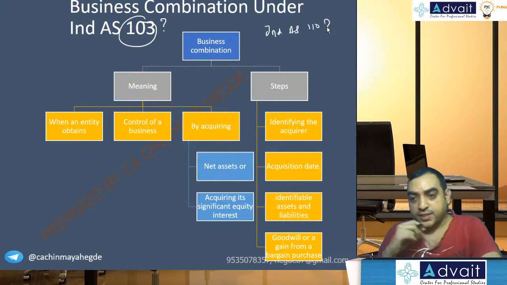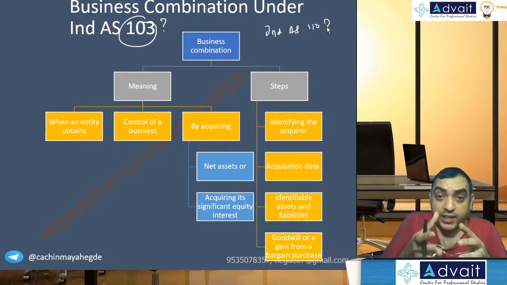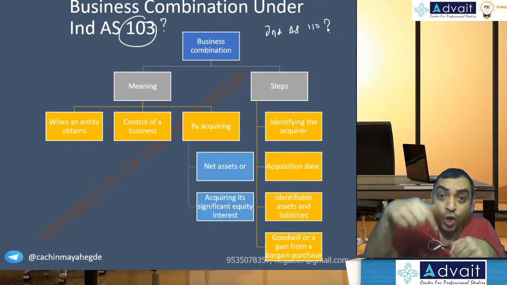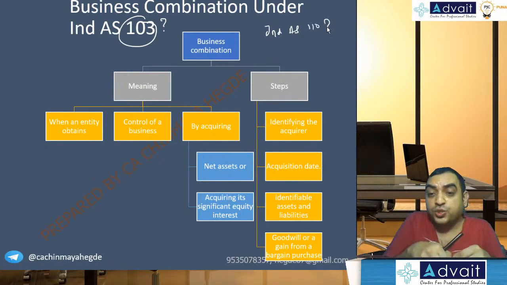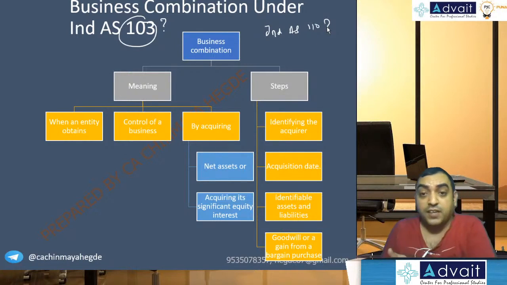One second, one person is asking. Suppose in the question, holding company acquires 80%, then only 80% to be reversed from OCI? No, my dear friend, whatever investments you had already, that is derecognized. How much investment did you have? 30% you had. That 30% I will derecognize.